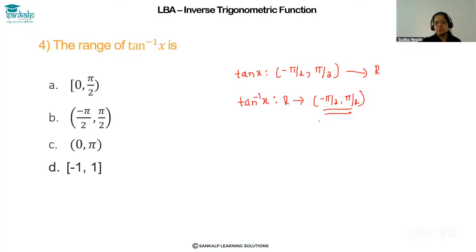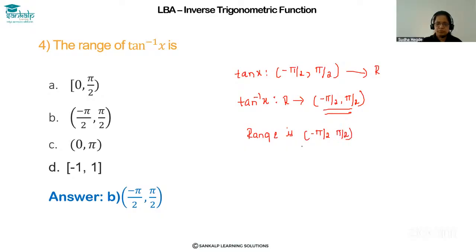Therefore, the codomain must be equal to what? Range. Therefore, the range is minus pi by 2 to pi by 2. Okay, check the option. Option B, minus pi by 2 to pi by 2, is the correct answer. Thank you.